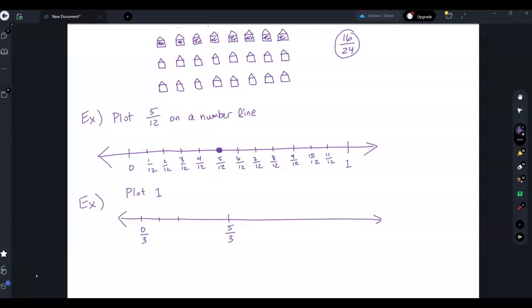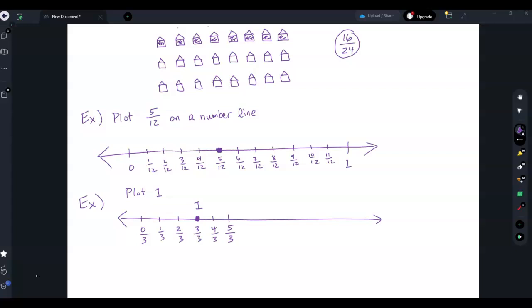It's just in this case, it's going to be 1/3, 2/3, 3/3, and 4/3, right? But it's the same idea. And then, of course, 3/3 is the same thing as 1 whole. So to plot 1, I would just put my filled in circle there and go ahead and write a 1 so that we know that we're talking about 1 and that's equivalent to 3/3.